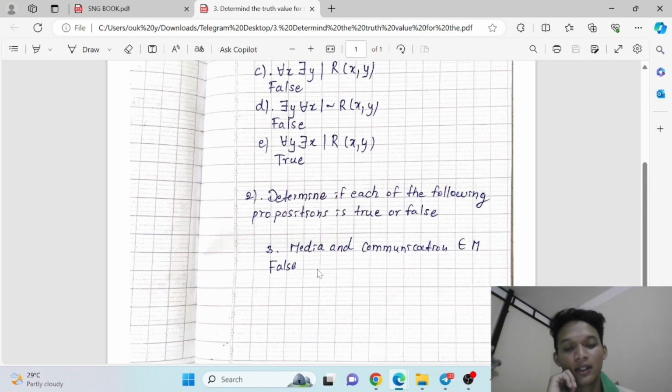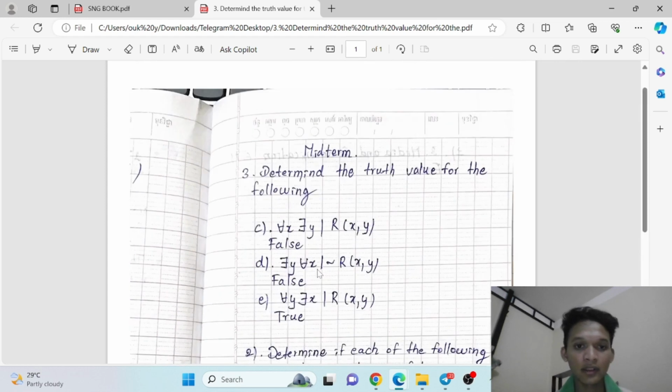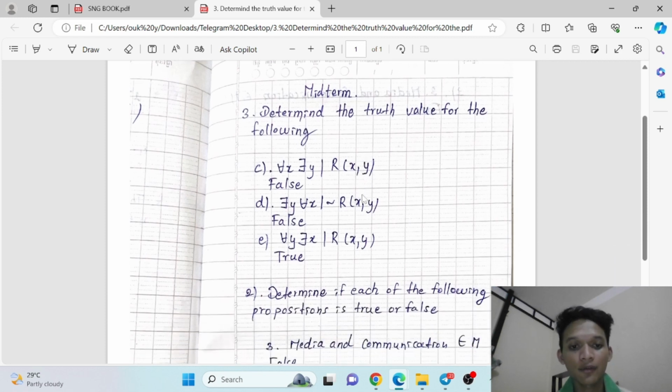It's false because it is listed as a combined major, not listed individually in the set. And then number 3, determine the truth value of the following.